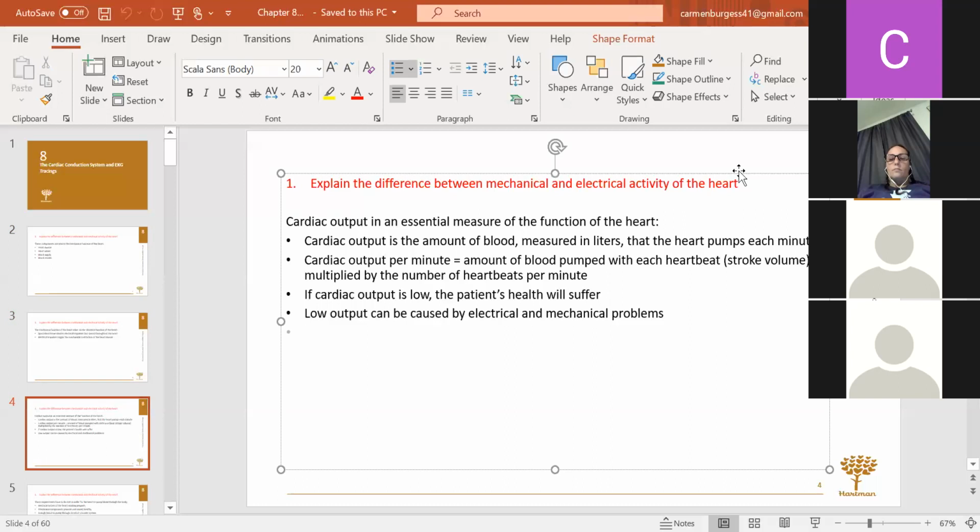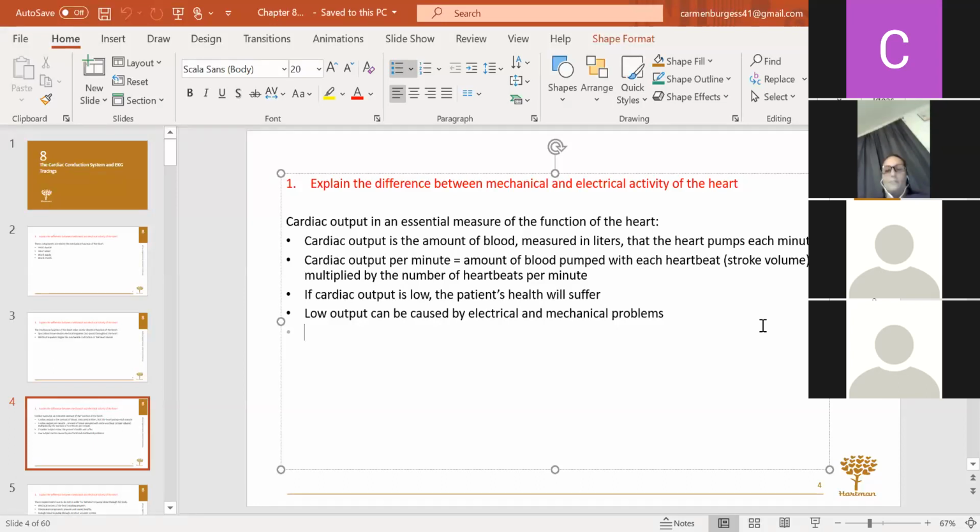So if I say to you, your cardiac output is bad, what does that essentially mean? Are you putting out enough blood to keep your body perfused and oxygenated? No. So cardiac output really is measured per minute: how much blood is pumped with each heartbeat, what they call stroke volume, multiplied by the number of heartbeats per minute.